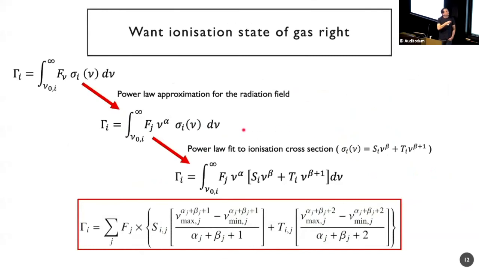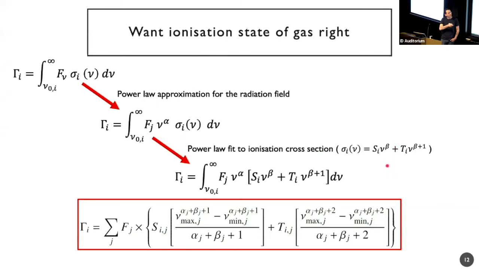First, we plug in our spectral approximation in the broad band. So we have the left H1 ionizing band, for example, and the right one. We can calculate the flux normalization and the slope that we see in this band, and multiply by the cross section. As I said, the cross section can be fairly well approximated by some combination of power laws.